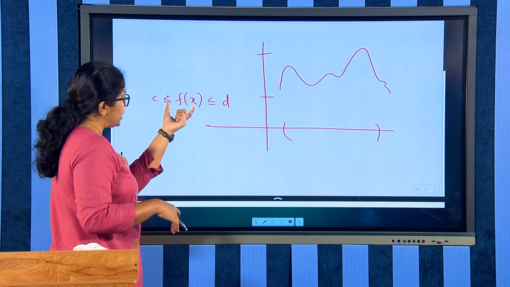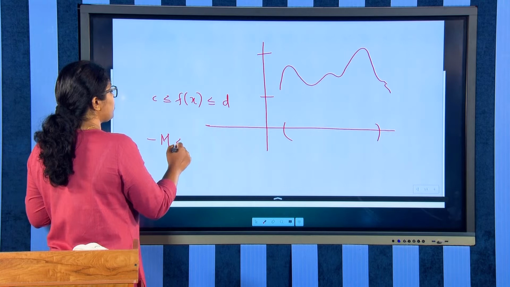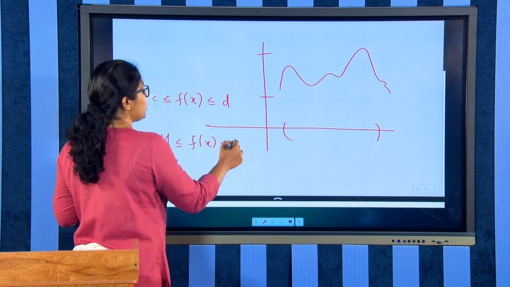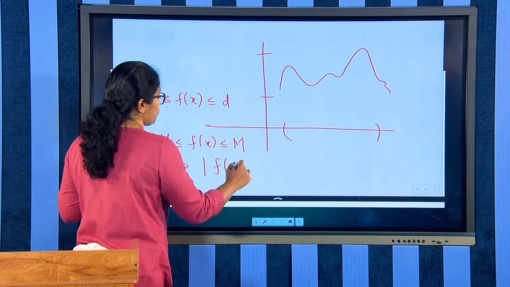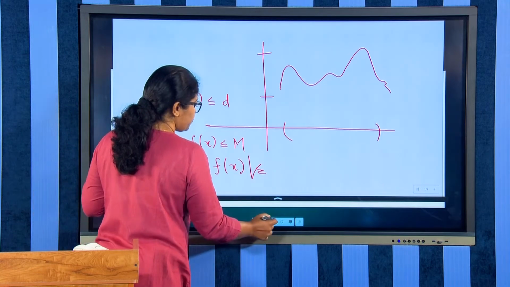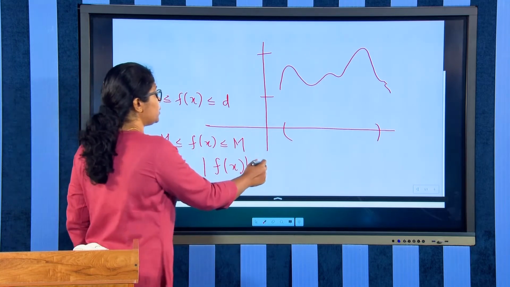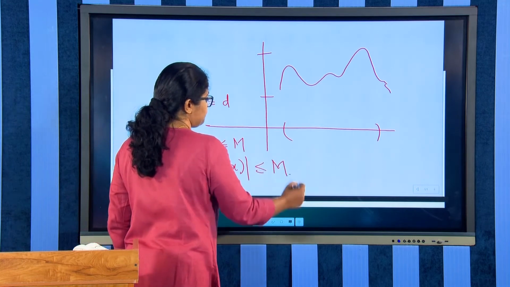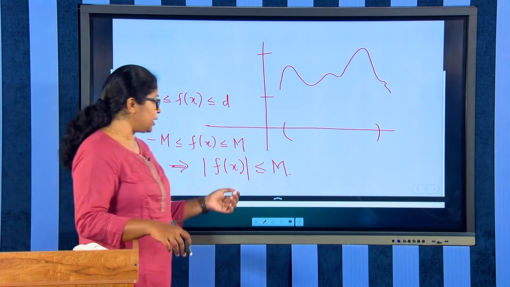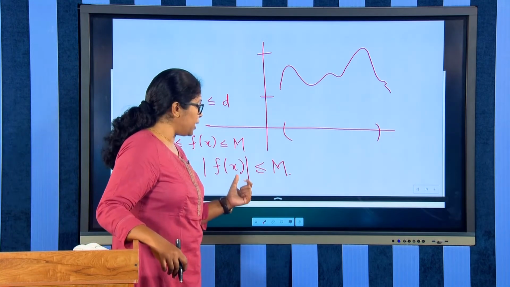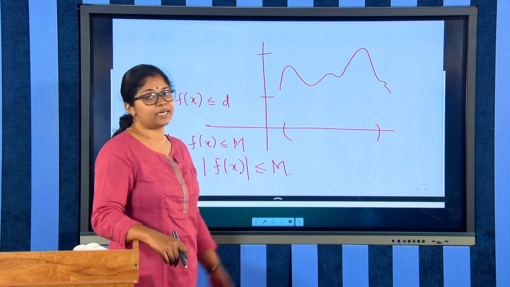Generalizing this concept, we take some negative M less than or equal to f of x less than or equal to capital M, which leads to the definition: modulus of f of x less than or equal to some number M. That is why, for the boundedness of a function, we restrict the absolute value of the function to be less than or equal to some real number capital M.